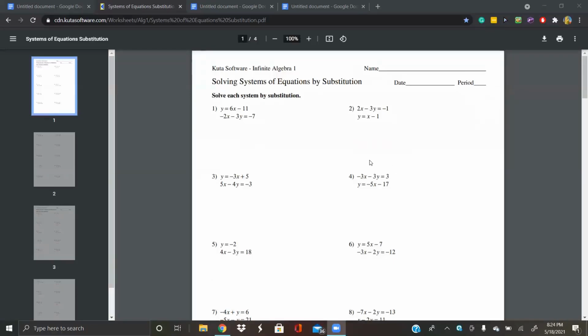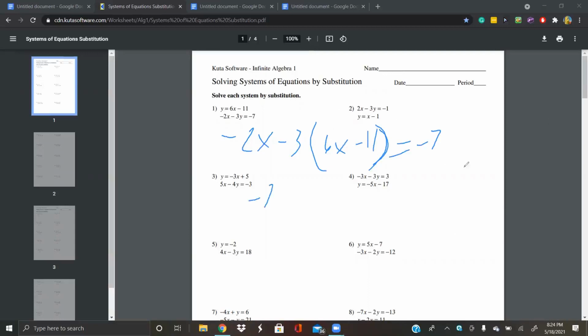So we're going to do negative 2x minus 3, and then in parentheses we're going to put the slope intercept equation, 6x minus 11, equals negative 7. Then we multiply negative 3 by the parentheses.